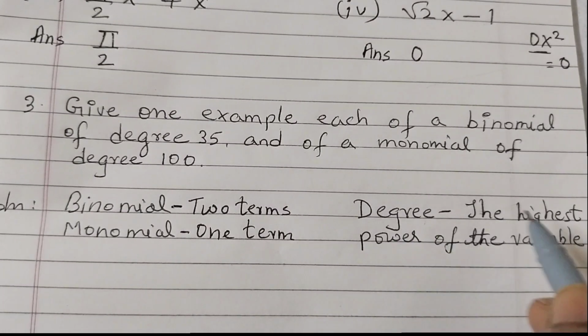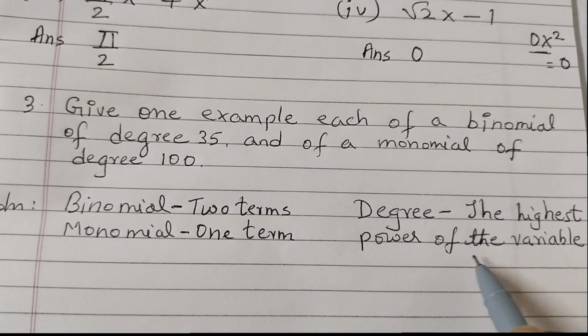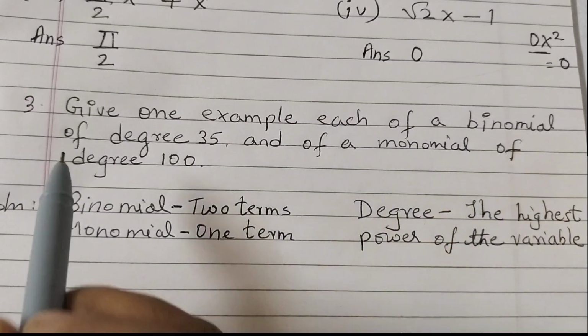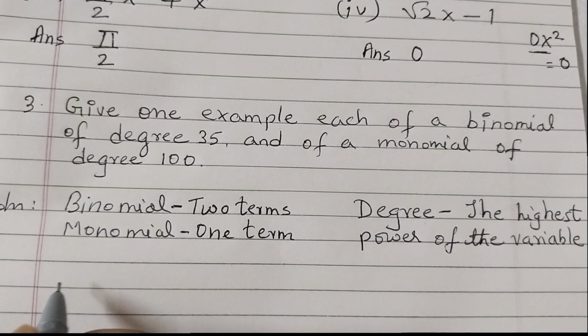And degree means the highest power of the variable. So whichever variable you take, the highest power of that is called the degree of that algebraic expression. So we want binomial of degree 35.